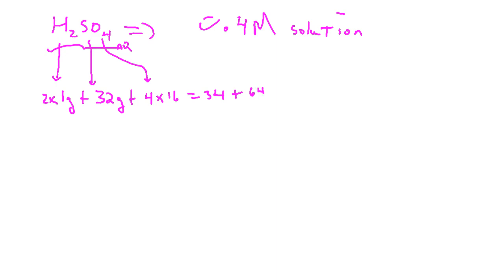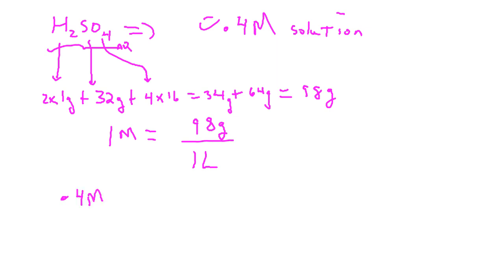So that would be 98 grams. Okay, so a 1 molar solution of this acid would have 98 grams in 1 liter. A 0.4 M solution, you need 0.4 times 98 grams divided by 1 liter.